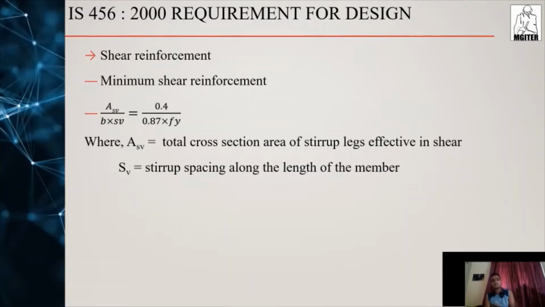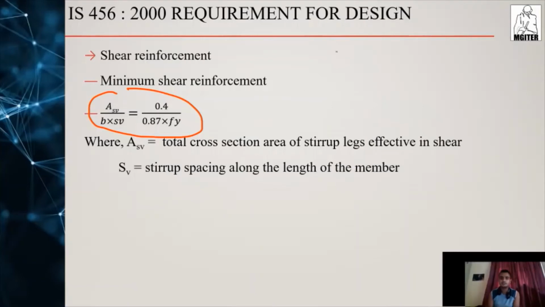Shear reinforcement. For the shear reinforcement, we have the equation here: Asv/(b·sv) = 0.4/(0.87 fy), the minimum shear reinforcement. So what is shear reinforcement? Shear reinforcement is used to resist shear force.